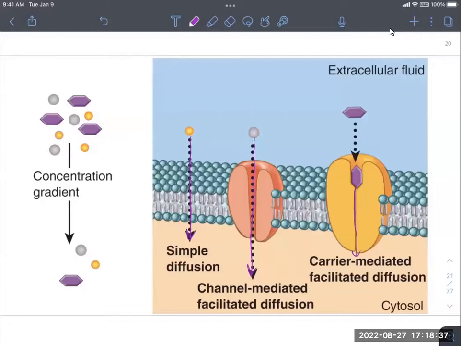In carrier-mediated facilitated diffusion, this compound fits into the carrier, the carrier changes its shape, and it is released to the other side into the cytosol of the cell.